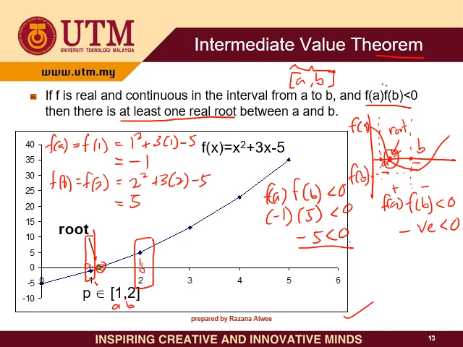You need to find this first, whether it has a root or not. If F(A) and F(B) product is not less than 0, then we can say that it does not have a root between them. Okay, we must prove this first. We will see in the next example.